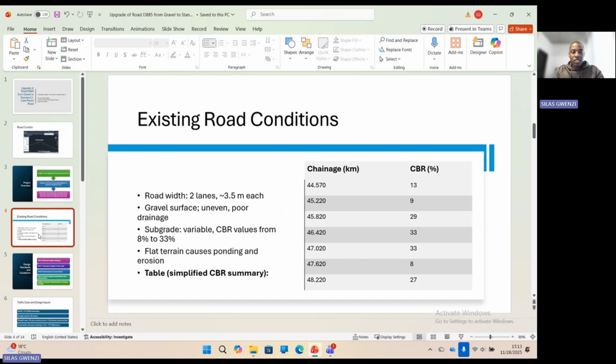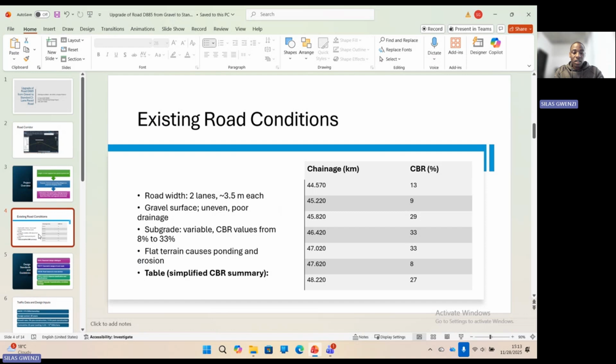The existing road conditions. Currently, D885 is a gravel road with two lanes, each approximately 3.5 meters wide, and the surface is uneven and drainage is insufficient, leading to ponding in the flat sections of the terrain.